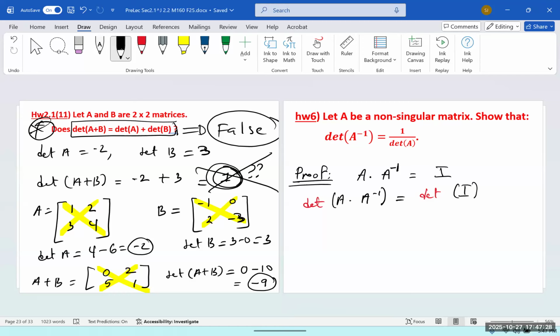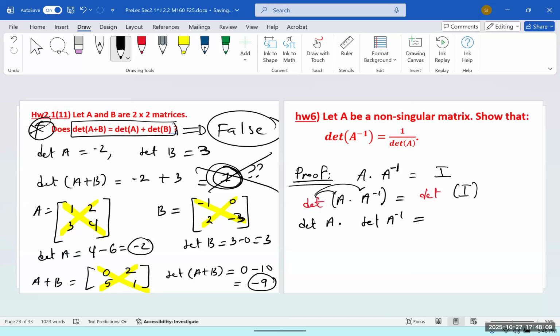Alvin? We cannot divide. I know, but here, if you divide, what's the point of finding the determinant? The determinant of A times the inverse of A. So it's the distribution. I thought you meant divide. So distribute. We have determinant of A times determinant of A inverse. So we use the property: determinant of the product is a product of the determinants.